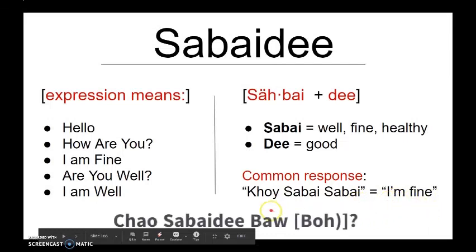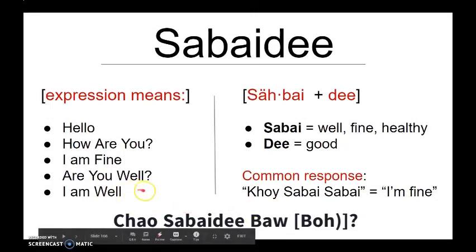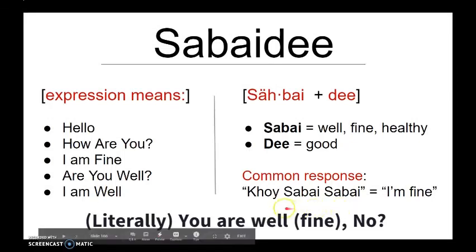So if somebody says Ciao Sabaidee ball, ciao is you, Sabaidee is fine, well, healthy, right? And ball means right, yes, correct. You are well, correct? Ciao Sabaidee ball, you are well, correct? You are healthy, you are fine, yes?